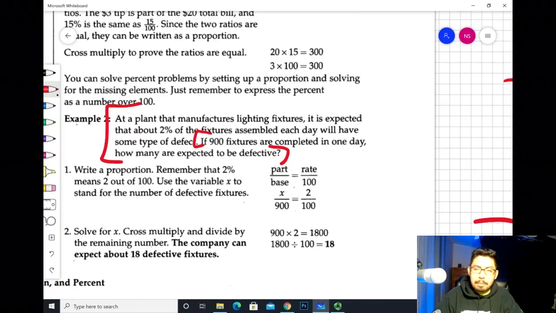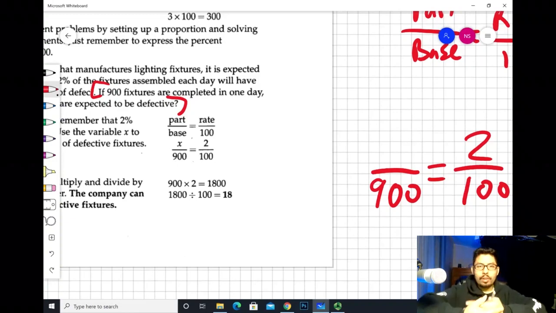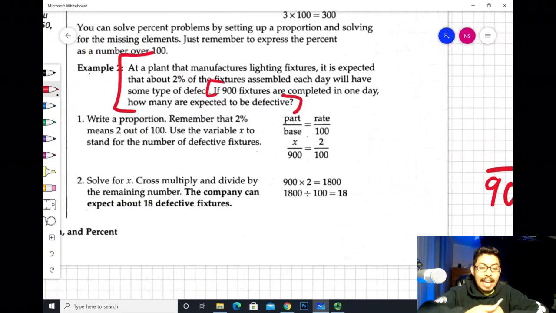Remember, the part is the piece, the base is kind of like the total. If you read carefully, if 900 fixtures are completed in one day, that to me, folks, is the base. If a company makes 900 fixtures in one day, that's the total. And what they're asking for is how many of those 900 are supposed to be defective. That's the piece. They're looking for that missing piece.